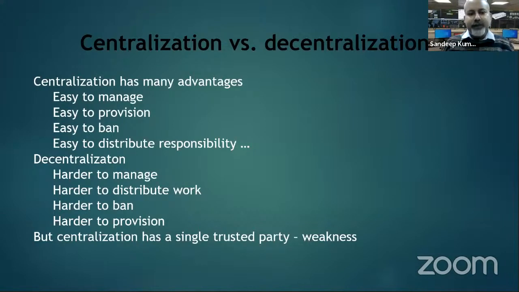So therefore, it is very easy to decide who to permit to be part of the system, whether somebody has to be banned, whether what you are doing is allowed or not, and whether what you are doing should be recorded permanently or deleted, etc., etc. Now, the only problem with centralization is that you have to trust that central authority in order for you to actually trust the entire system.